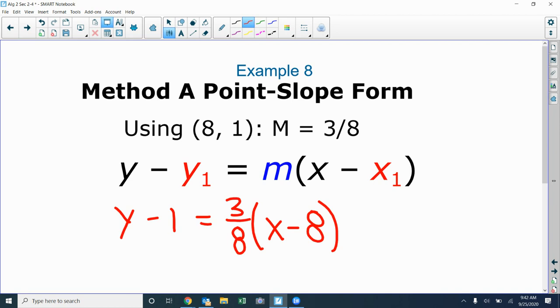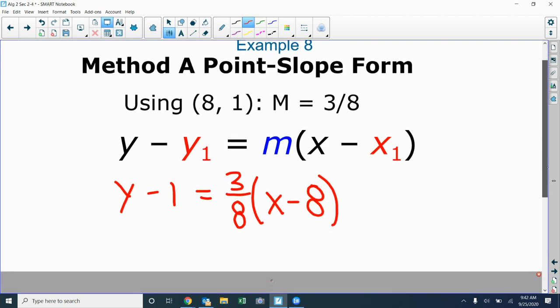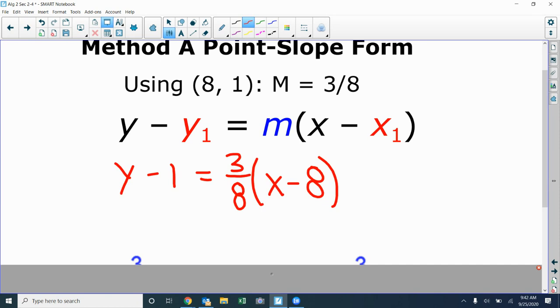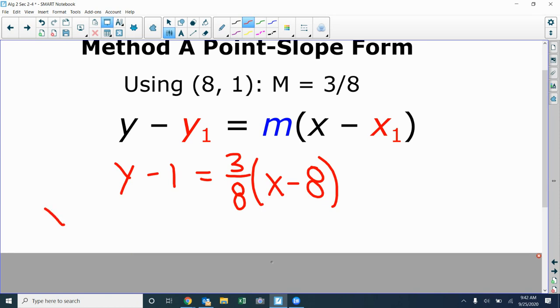So we plugged in our values, now we're going to distribute, and everybody gets a little bit hairy when we get to some fractions, but this is going to be y minus 1 equals 3 over 8 x. That will become minus 3. 3/8 times 8 ends up being minus 3.